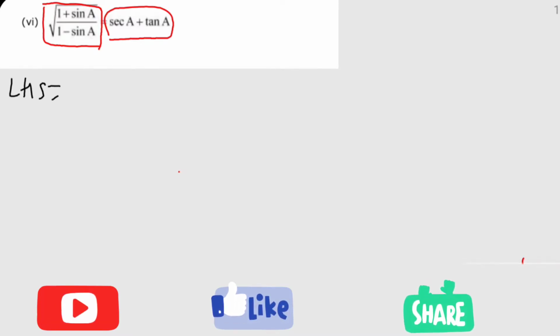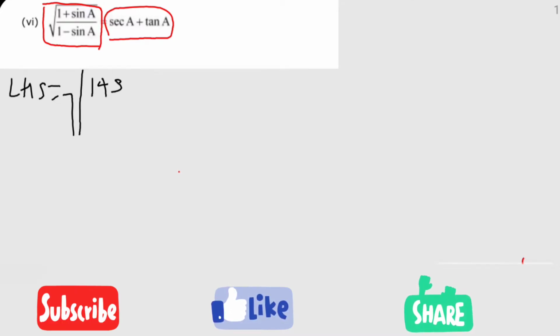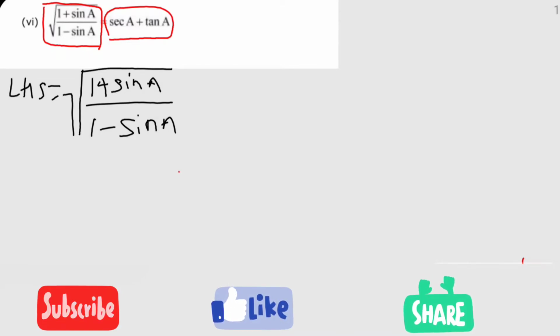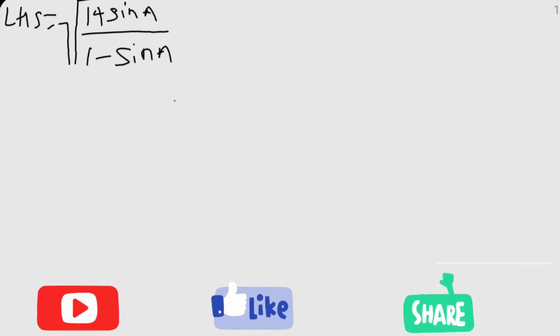First write down LHS. LHS is equal to under root 1 plus sin A divided by 1 minus sin A. Now here we want to rationalize. So what is rationalize? Let me solve here.